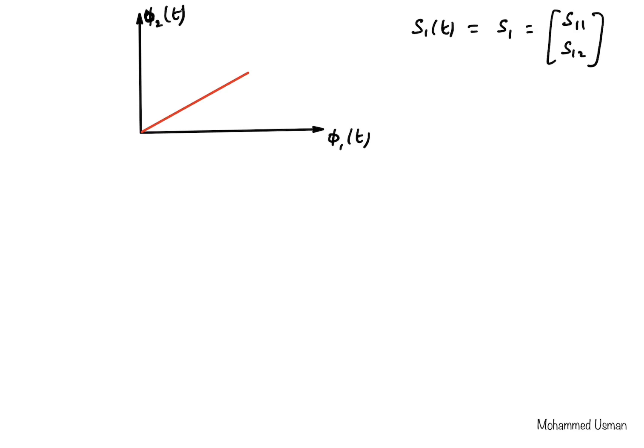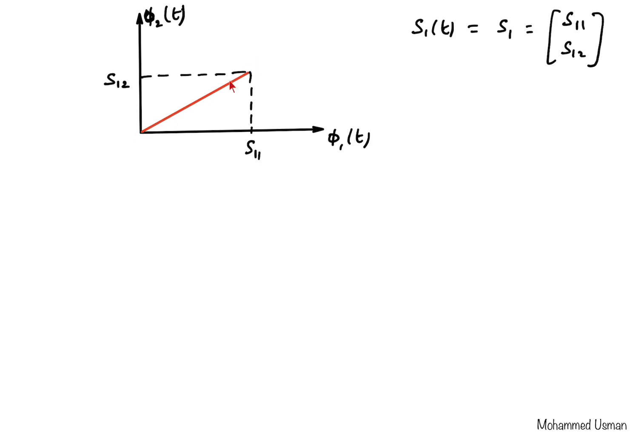The projection of S1 onto the basis function phi1 gives us the value S11, the coordinate on the phi1 axis. The corresponding projection onto the second basis function, phi2 of t on the y-axis, is S12. That is our representation of the signal in the graph.